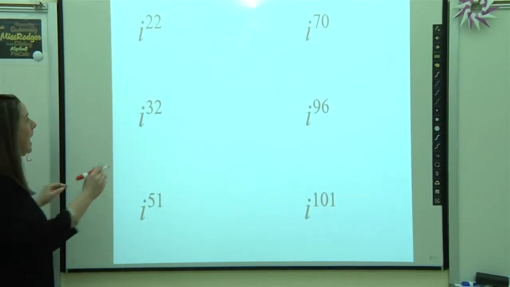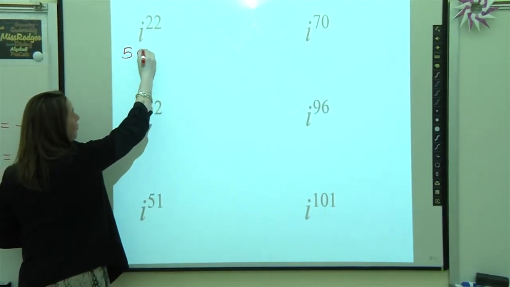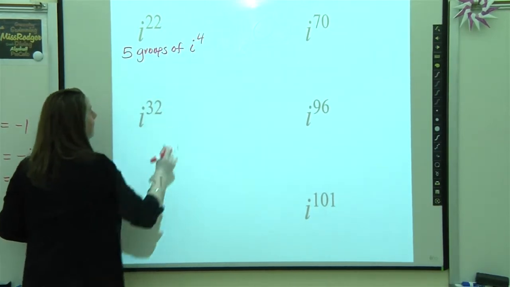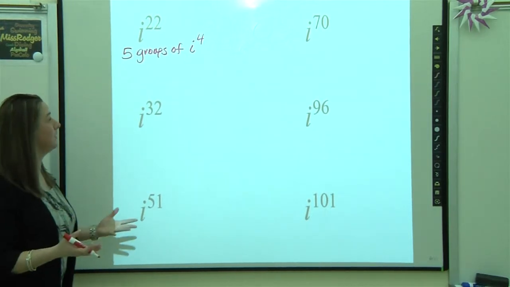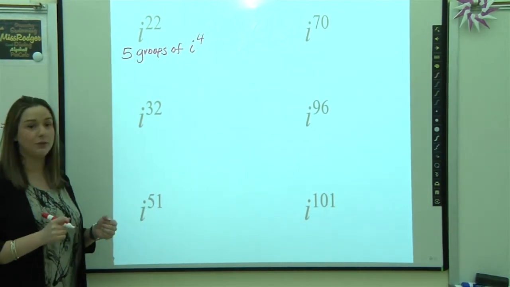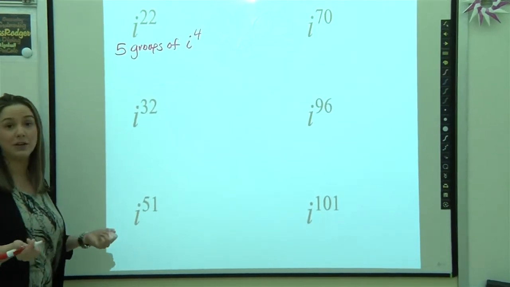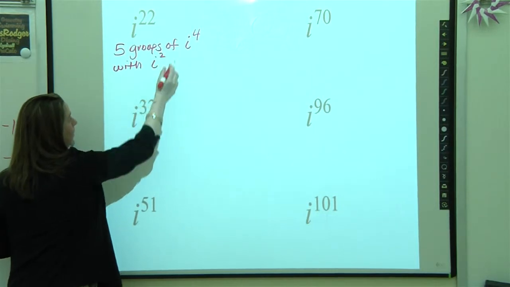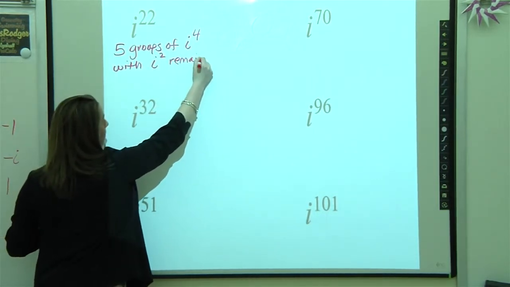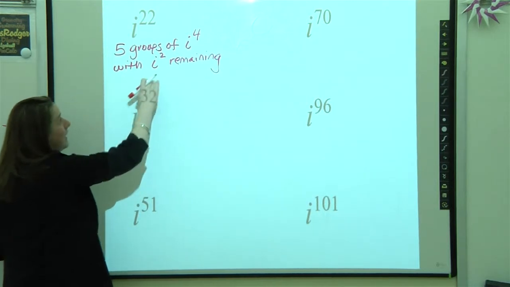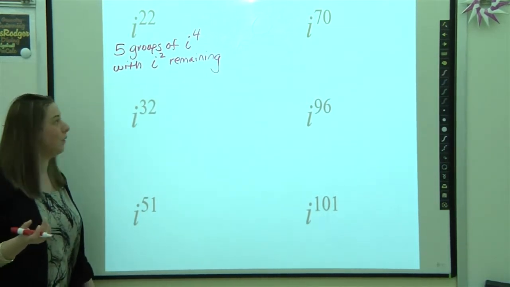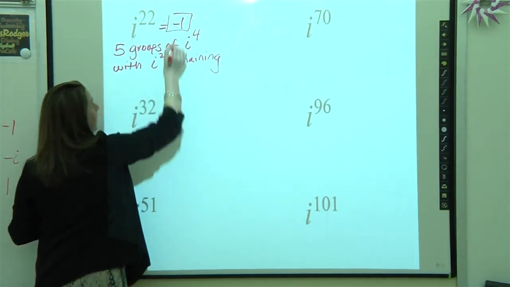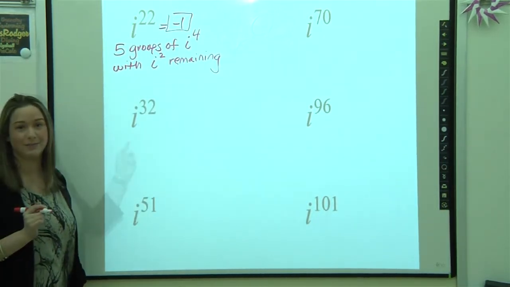I'm going to think about this as 5 groups of i to the 4th. 5 times 4 is 20, and my remainder is 2, with i to the 2nd remaining. What's remaining is what I'm going to evaluate.